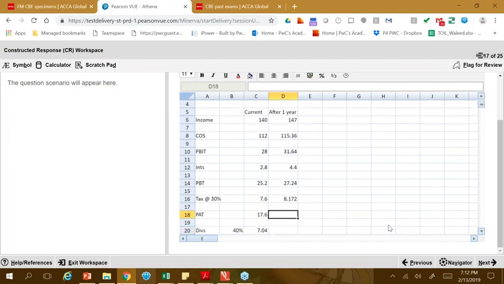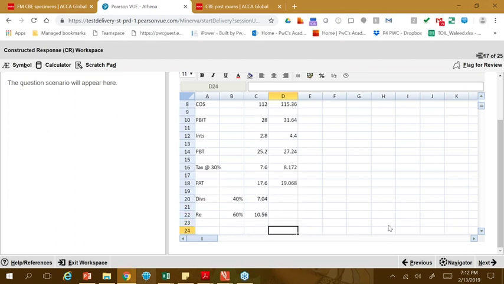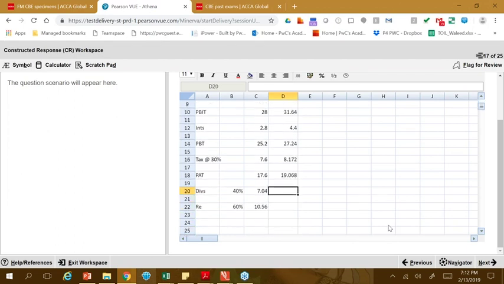So deduct the tax to arrive at profit after tax, D14 minus the D16. And then I have to split this into the dividends and the retained earnings. So we'll simply do that. We'll take the D18 into 40%, and then D18 into 60%. And that is it. So I've got my retained earnings of 11.44.